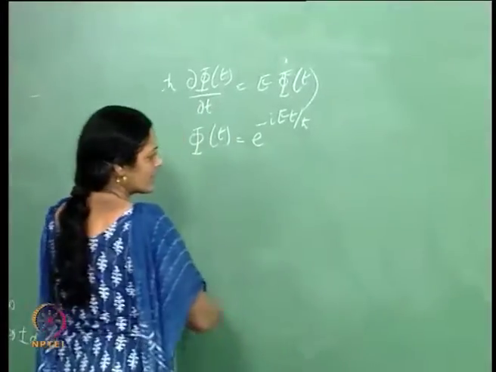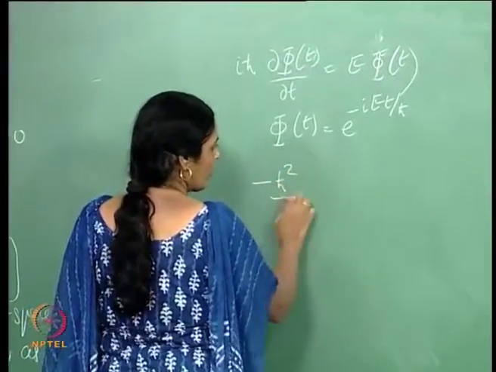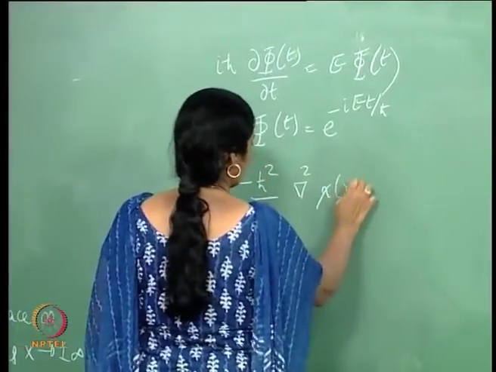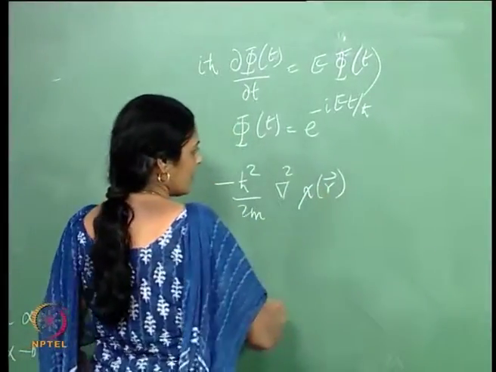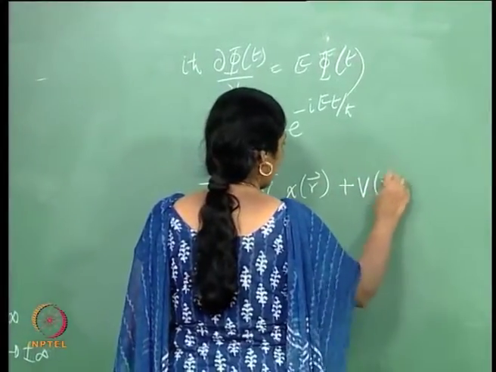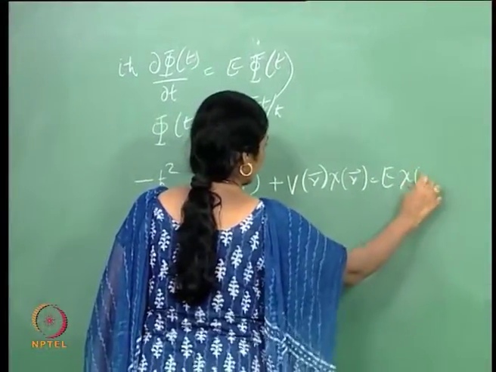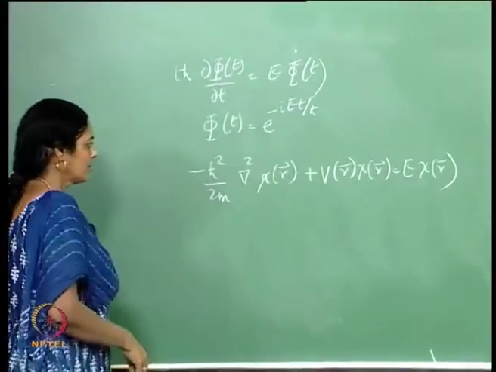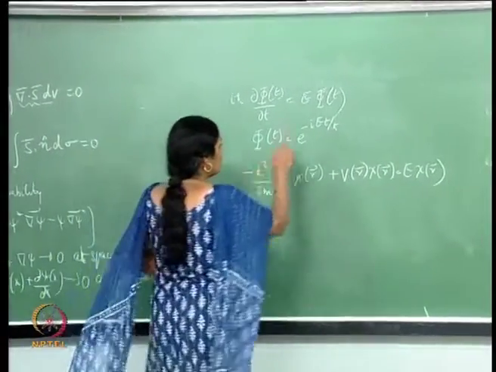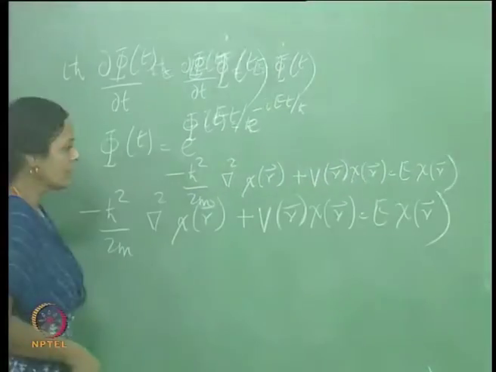Now, as to the right hand side, I have -ħ²/2m ∇²χ(r), multiplied throughout by χ(r), plus V(r)χ(r) is Eχ(r). So depending upon the value of the constant E, I am going to have a solution.